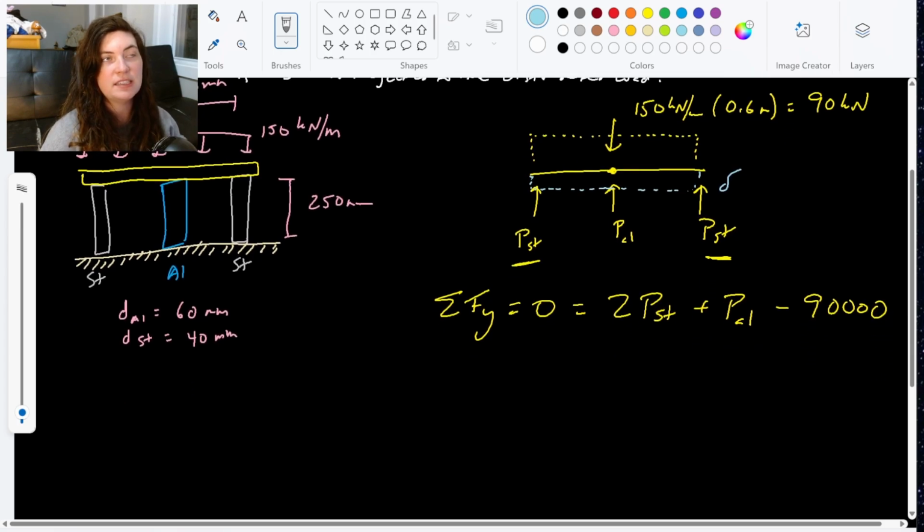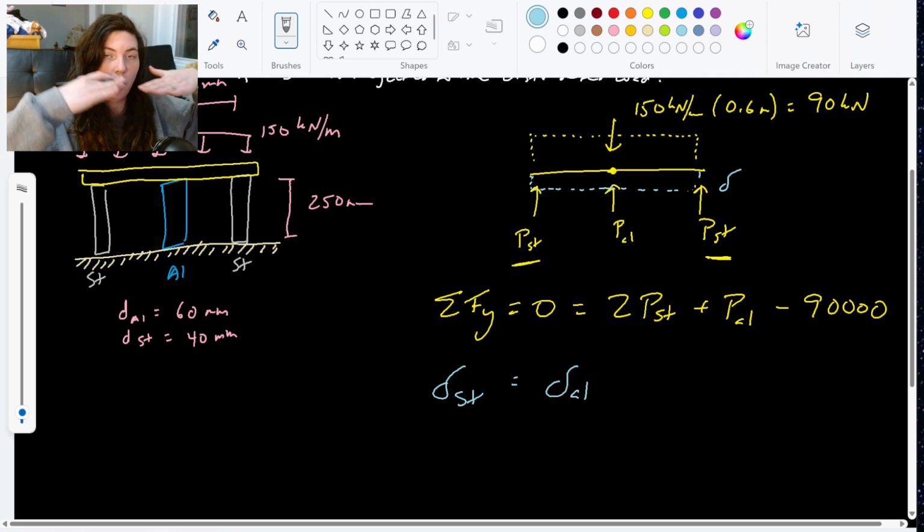They are fixed to the top of this beam. Everything is symmetrical, which means that my displacement of my steel beams here have to be exactly the same as my displacement of my aluminum beam, right? However much the aluminum post moves up or down, my steel beams are going to have to move up and down the exact same because they're fixed, going to remain totally straight.